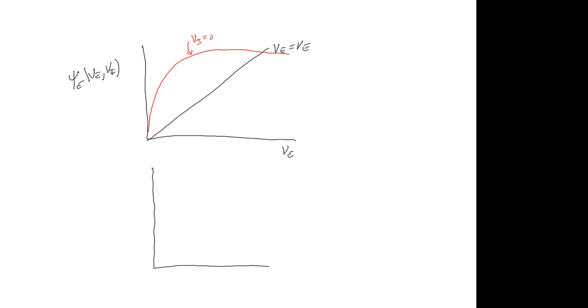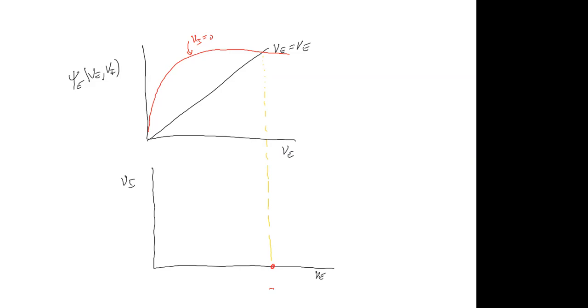And what that means is that the only equilibrium when nu I equals 0 is a one-way up here. So we've lost the one that used to live down at 0.